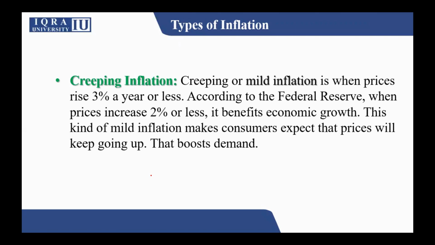So creeping inflation is beneficial for the economy. Remember this: creeping inflation must be there. The policymakers always try to have 1 or 2% inflation so that the economy will grow mildly and stably.